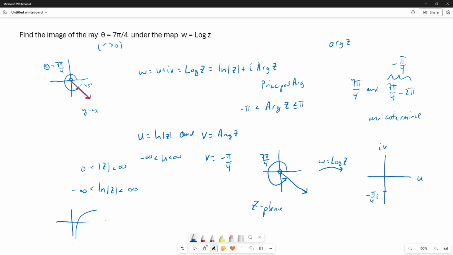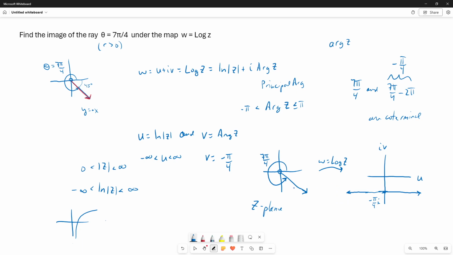This is the U axis, and there's iV. Let's put this a little bit below it. So this is the image, this line here, and this value is negative pi over 4 times i. So this is our domain, and this is our range.